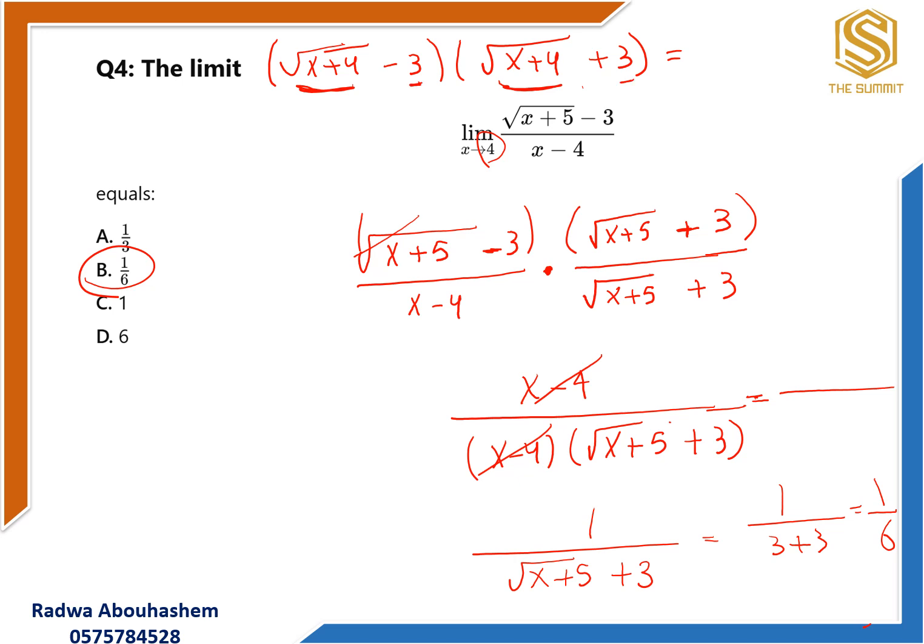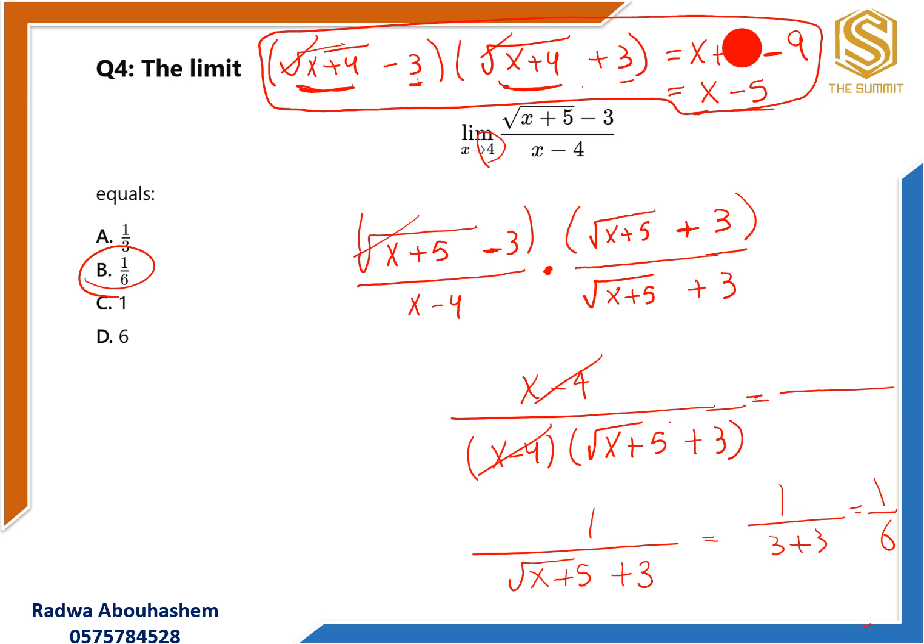Of course, when you multiply radicals, they're going to cancel each other, leaving x plus 4. You have the negative sign in the middle, keep it. 3 times 3 gives you 9. So the answer by the end would be x plus 4 minus 9, which gives you x minus 5. Just to remind you how to solve this kind of question.